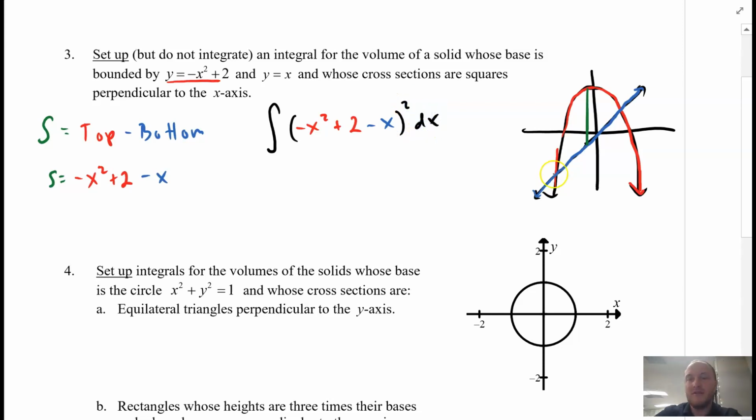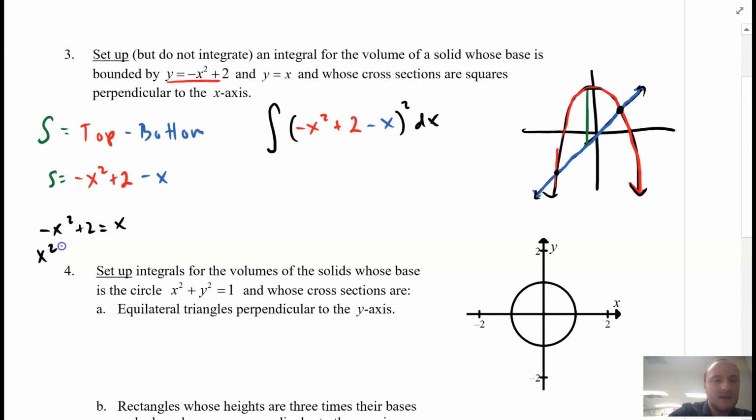But we do need our limits of integration. Notice our functions are intersecting here and here. So how do I find that out? Well, you can do it a couple ways. You can do it graphically with a calculator, but without a calculator, you just set your two functions equal to each other. When is negative x squared plus 2 equal to x?